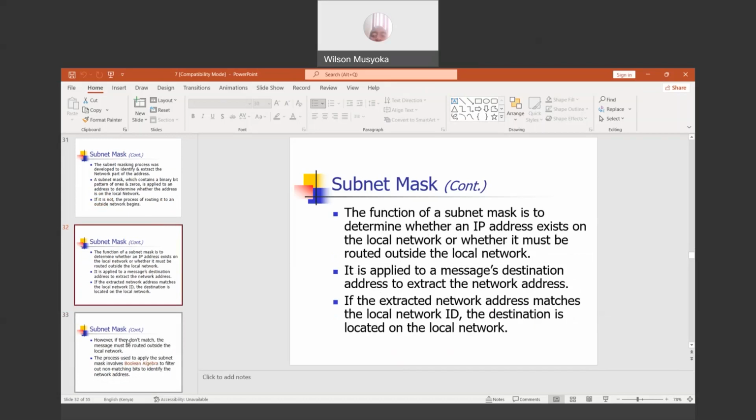As a function, it is normally used to determine whether an IP address exists on the local network or whether it must be routed outside the local network. It is applied to a message's destination address to extract the network address, and if the extracted network address matches the local network ID, then the destination is located on the local network.